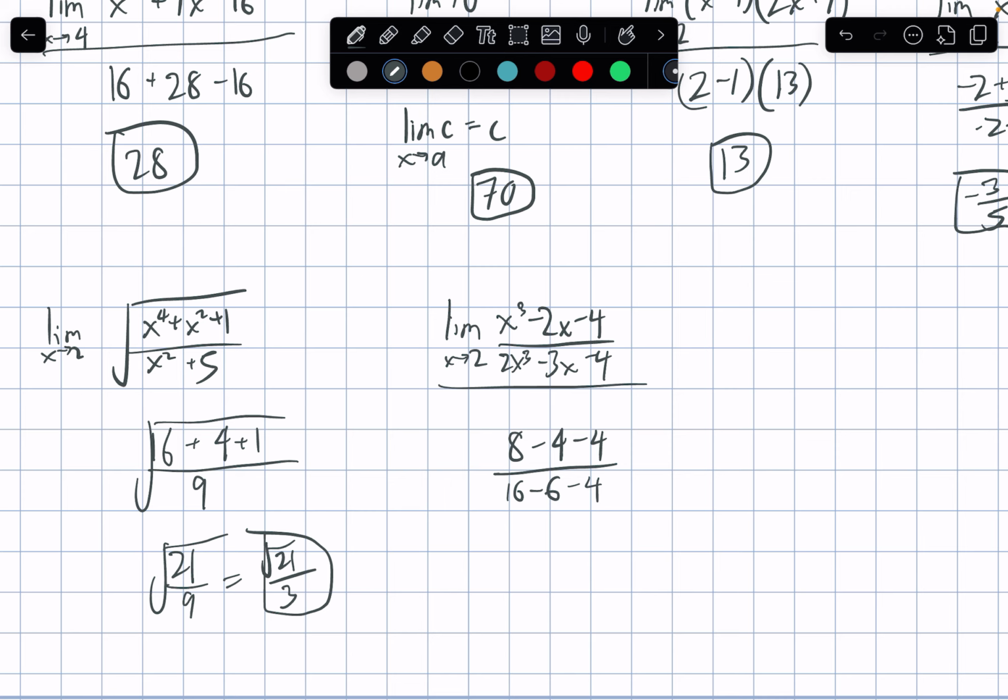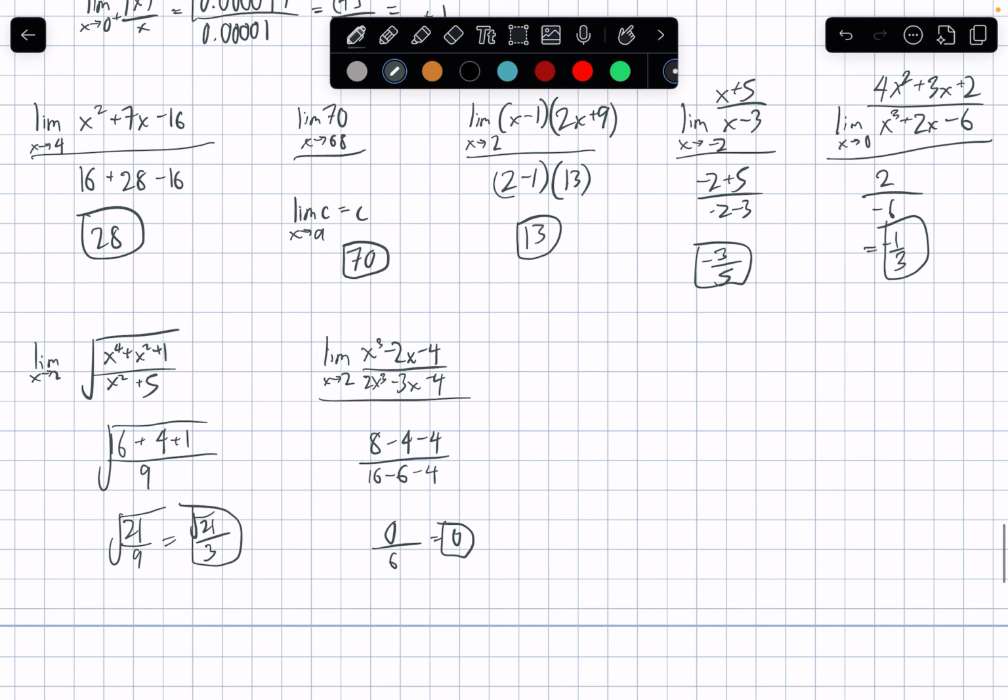Okay, so in the numerator, that's going to be 0. So you don't have to do the math below anymore, as long as it's not going to lead to 0 as well. 0 over 6, I believe. Yeah, 0 over 6, that's still equal to 0. Okay, we're done.